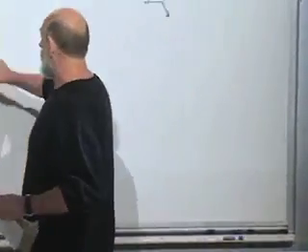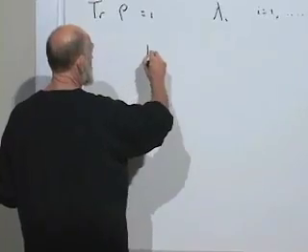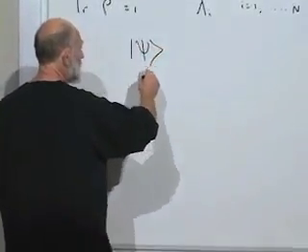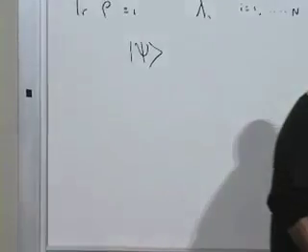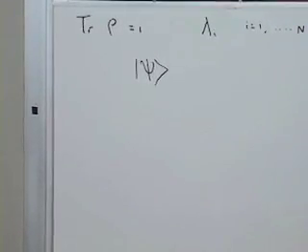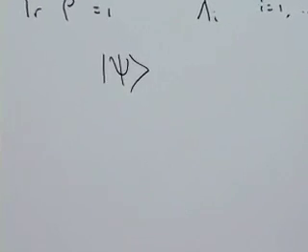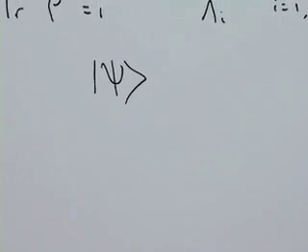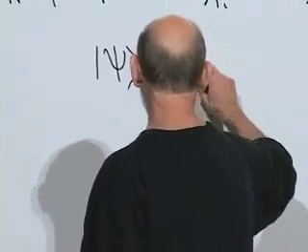In that case, we can say the system is described by some pure state. I won't tell you which one, but we assume we know which one. Some pure state psi. And when the system is described by a pure state, there's still a density matrix. You can still introduce a density matrix. And the density matrix is simply the projection onto that pure state, the projection operator that projects onto that pure state. It's written this way.